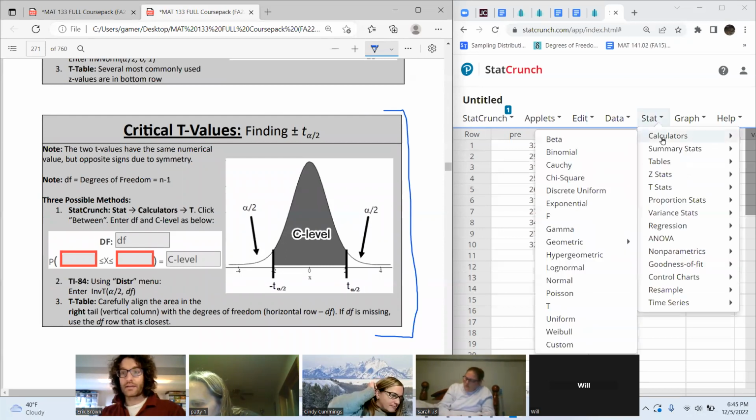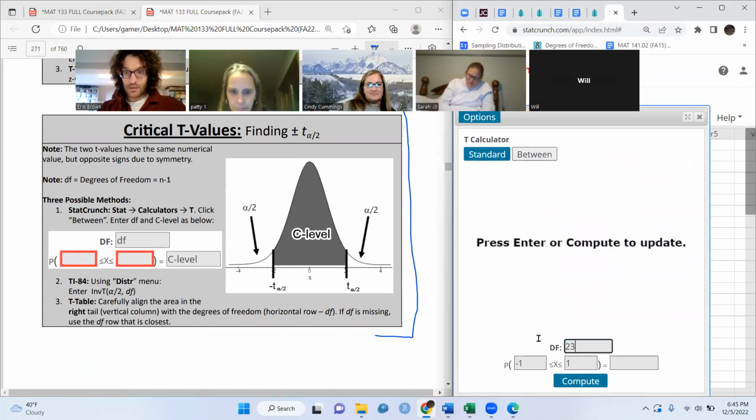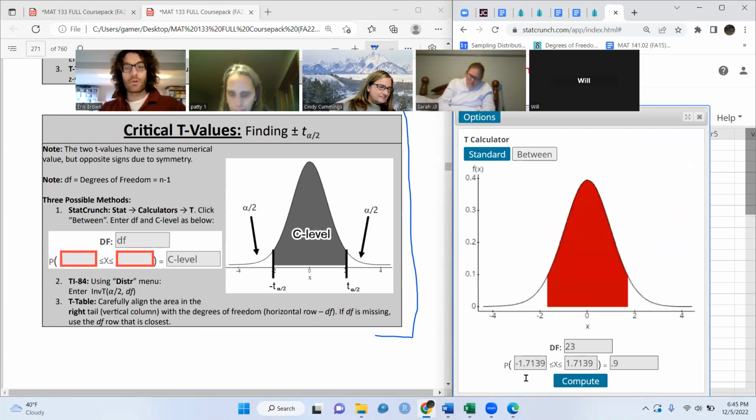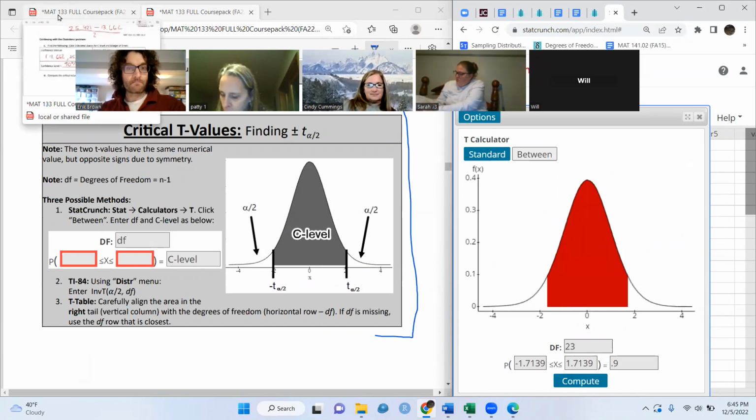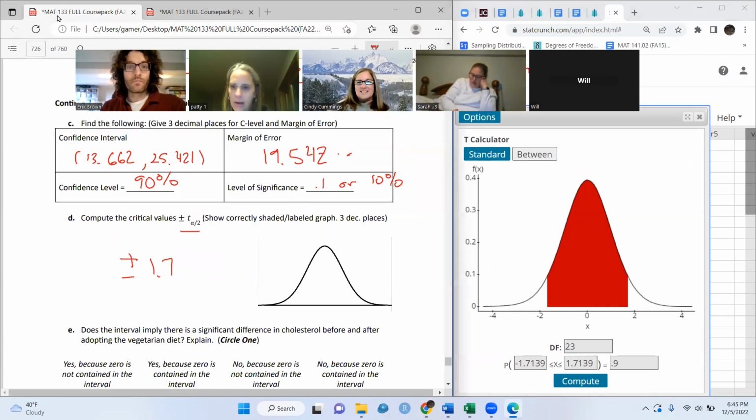So you're going to Stat, Calculators, T Calculator, Between, degrees of freedom of 23, compute, and it's plus or minus 1.7139. Actually, Eric, that margin of error is 5 point something. Thank you. 5.8795.